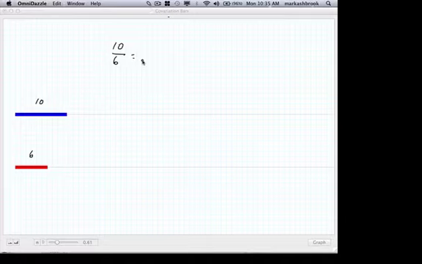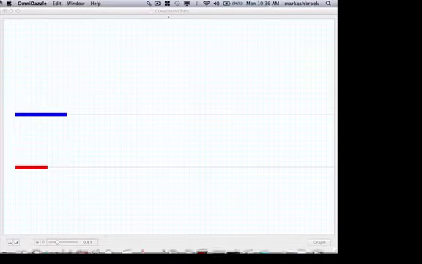So if the red is 60, then we want 10/6 of 60 to get the new quantity. That's relative size. 6 times 10 to get 60, and then therefore 10 times 10 to get the new size is scaling, right? That's scaling. Both are valid reasoning. Okay, so that's just a little review of last time.